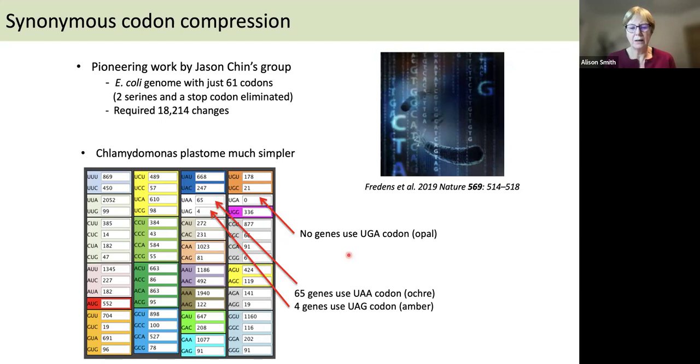And my colleague Saul has demonstrated the substitution of the UGA codon for a modified amino acid. So this can be reassigned without affecting any endogenous genes. These would obviously affect the endogenous genes unless you altered those.